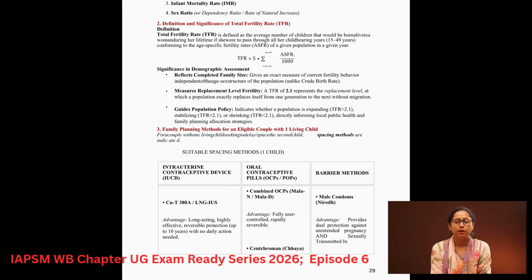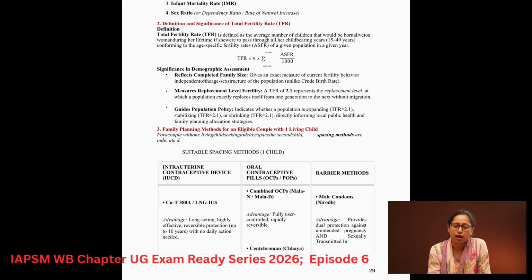Number 3 was family planning methods for an eligible couple with one living child. I mean the third part of the question was this, right. For a couple with one living child seeking a delay or space for the second child, spacing methods are indicated. Now, what are the suitable spacing methods?